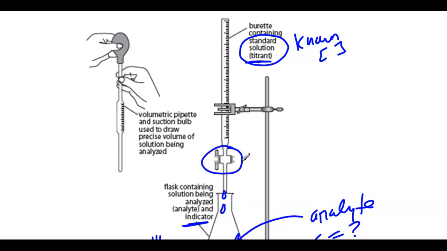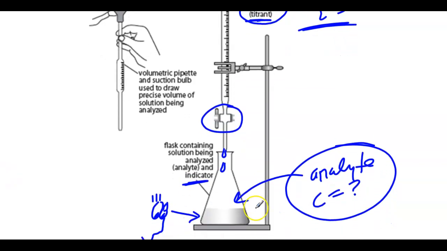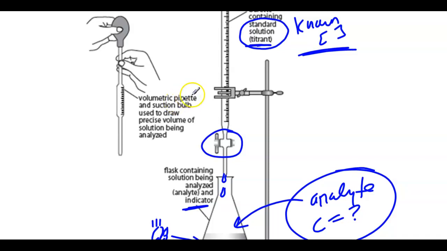So the one that is in the burette is what we know the concentration of. The analyte is something that we do not know, or we're missing a piece of information. That's what we're trying to solve for. Now, in order to prepare your analyte, usually you'll use a volumetric pipette. So for the solution that's being analyzed, let's say we want 10 milliliters of it.